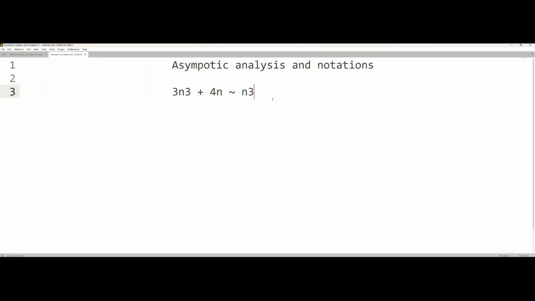Now when we delve into the notations available to measure these, there are three basic notations that people use in the world of algorithms. One is called big O, usually represented by the capital O, and then you have big omega, usually represented by the omega symbol. I'm not sure if I can bring that up on the keyboard, but I can draw it and show you here.